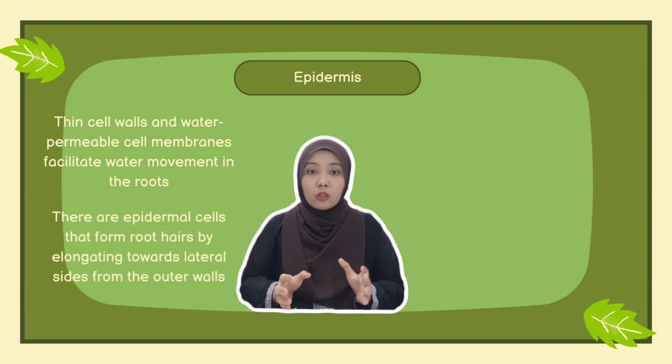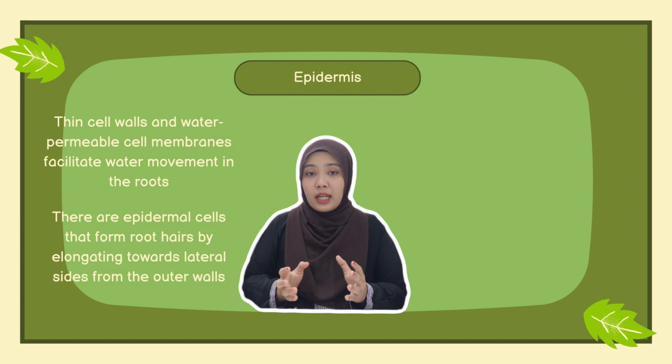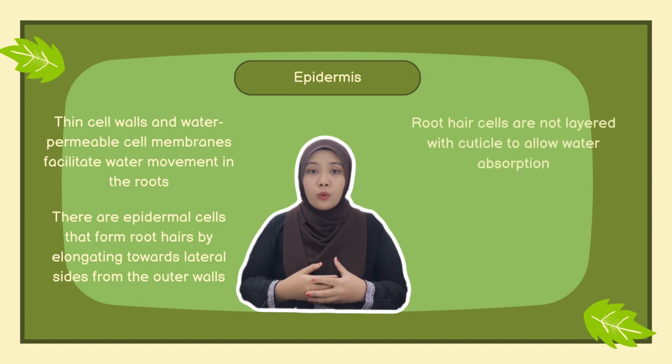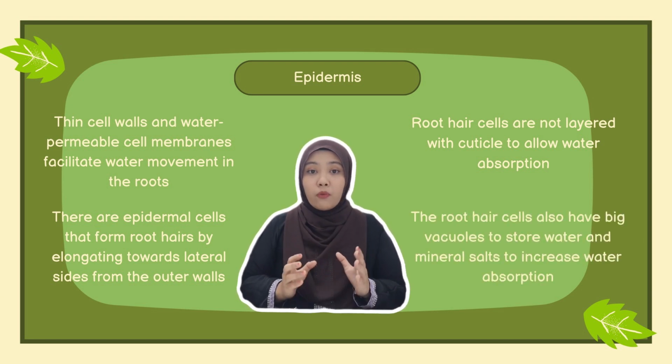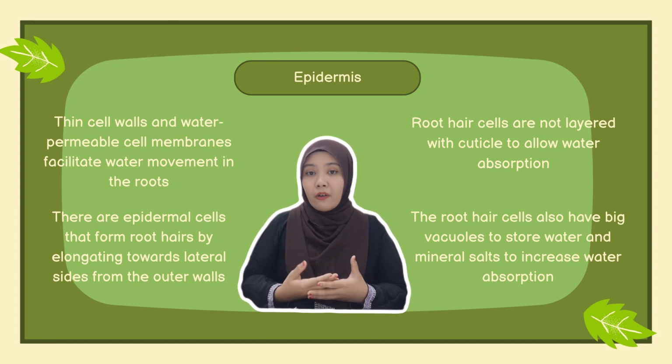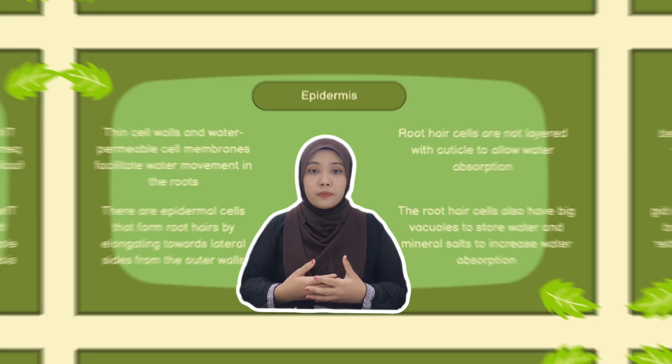The epidermis also has epidermal cells that are closely arranged and form root hairs by elongating towards the lateral sides of the outer walls. Root hair cells are not layered with cuticles to allow water absorption. Instead, they have big vacuoles to store water and mineral salts to increase water absorption.